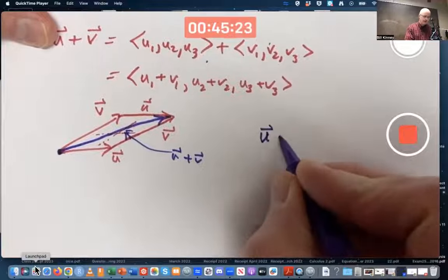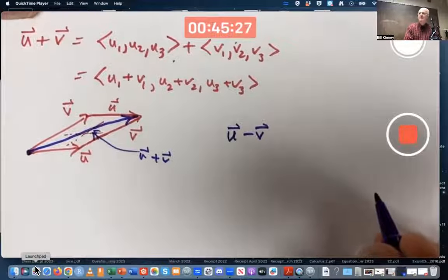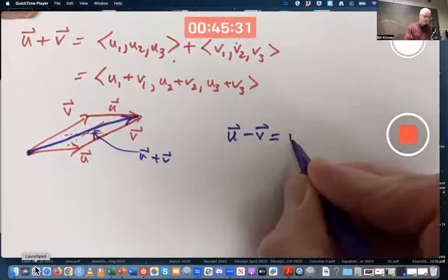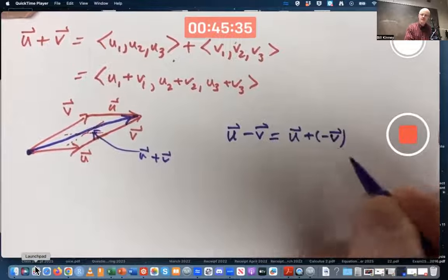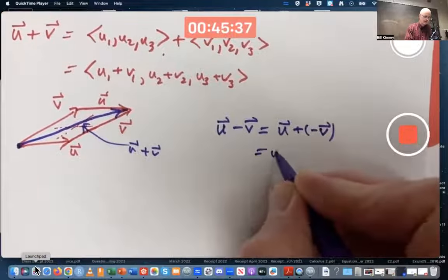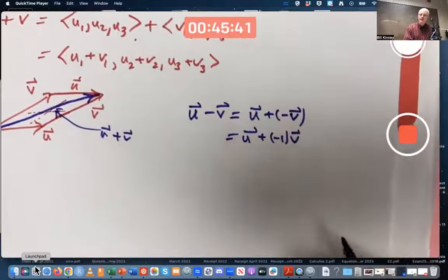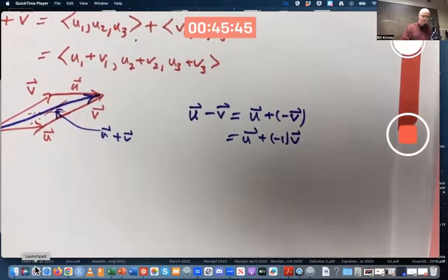I could compute u minus v, and it can be interpreted geometrically. How? Think of it as u plus negative v. In other words, u plus -1 times v. In other words, v is getting multiplied by the scalar -1 before you add them.